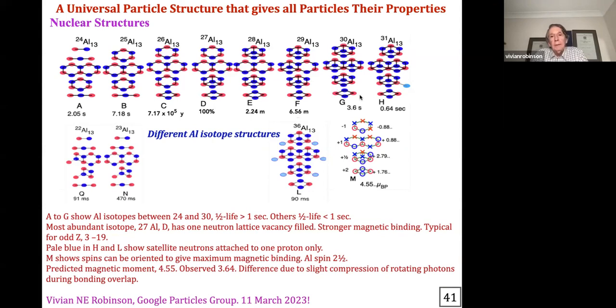If you add neutrons, you get unstable, because a neutron can attach itself to any external proton, but because the oscillation doesn't last that long, it's not a very stable bonding.